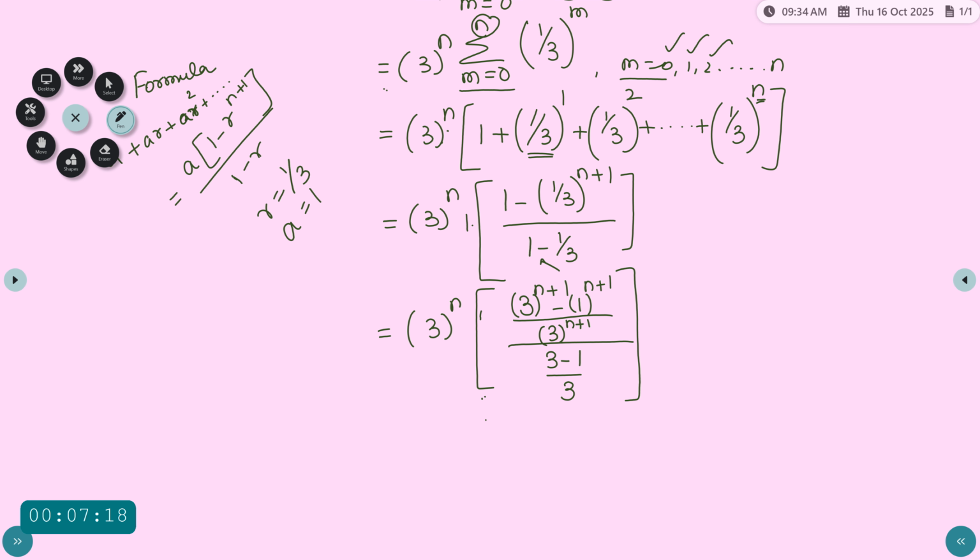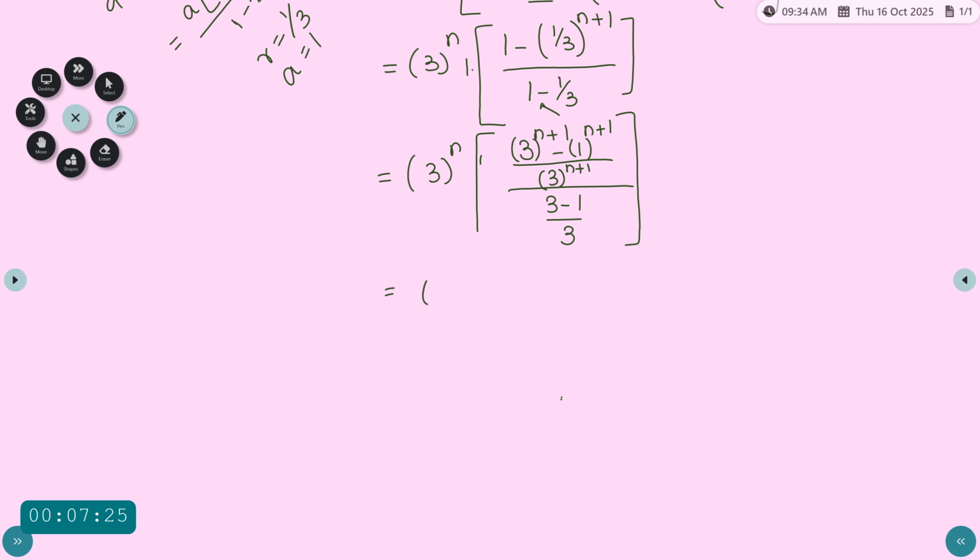Cross multiplying, the front term is 3 power n, and 3 goes into the numerator, and 3 minus 1 is 2.